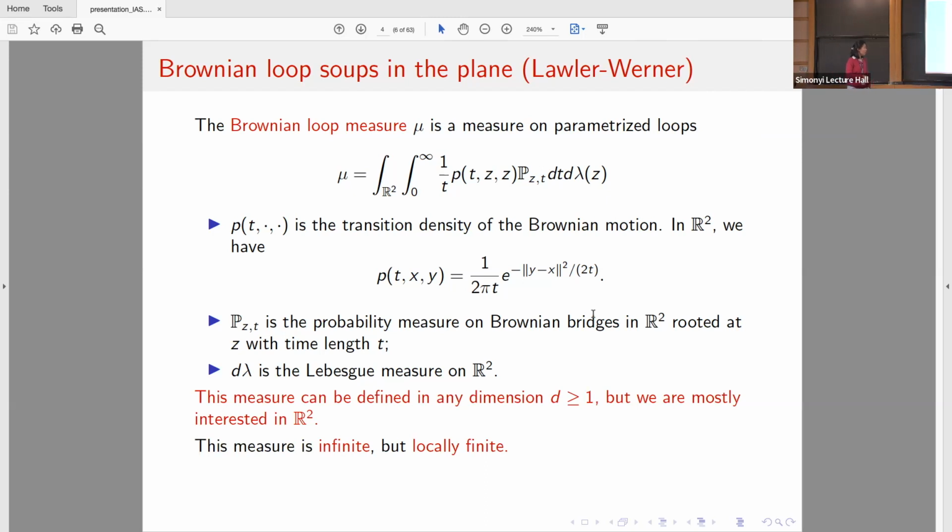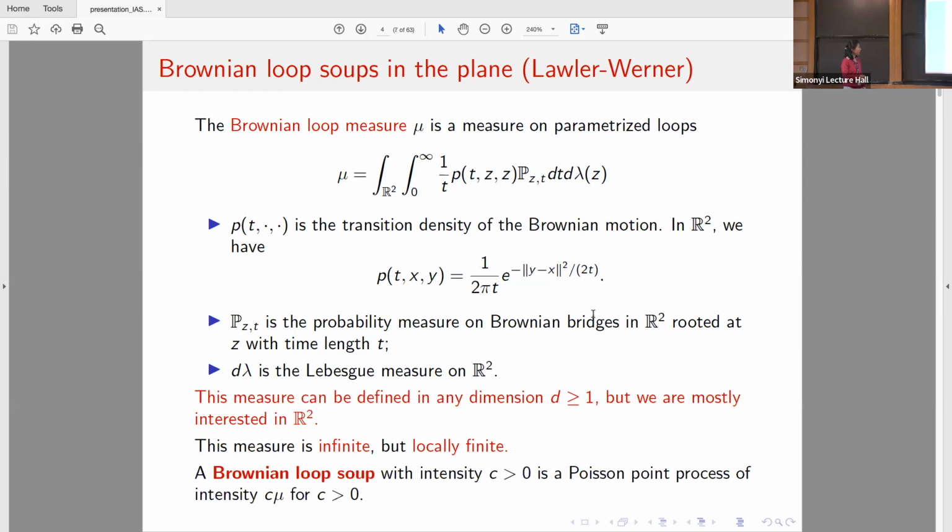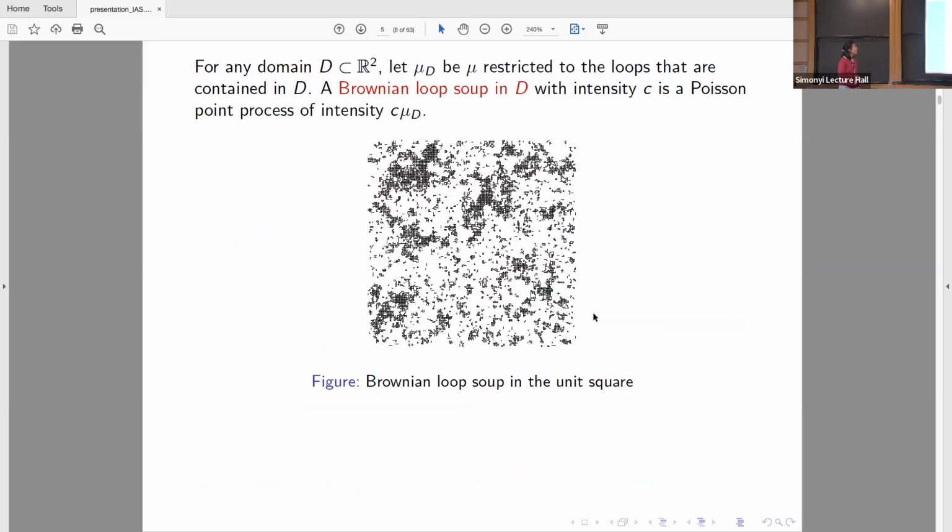However, this measure is locally finite if you restrict it to T away from 0 or infinity. Then Lawler and Werner use this measure to define the Brownian loop soup to be a Poisson point process with intensity C times mu, where this C is also called the intensity of the Brownian loop soup.